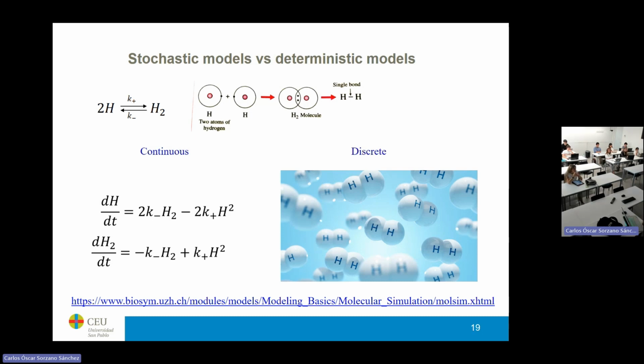So this is the description of the 2 species, but this is a continuous description of the molecules. But we know that molecules are discrete things. Something discrete cannot be described in terms of differential things. Either something binds or it doesn't bind.